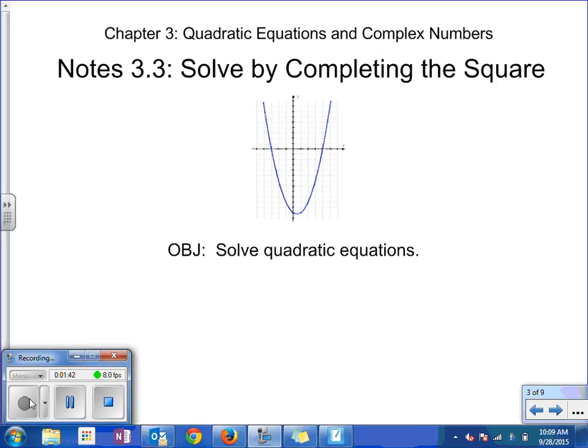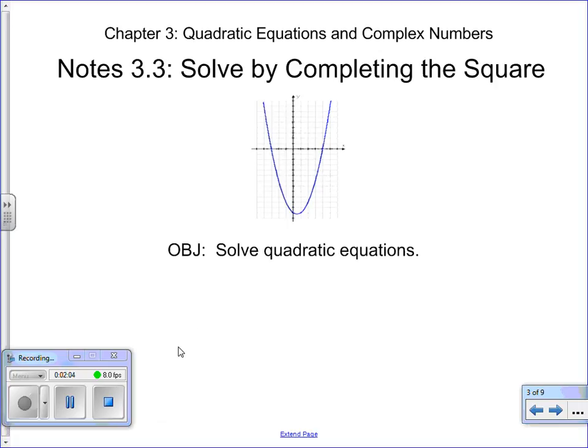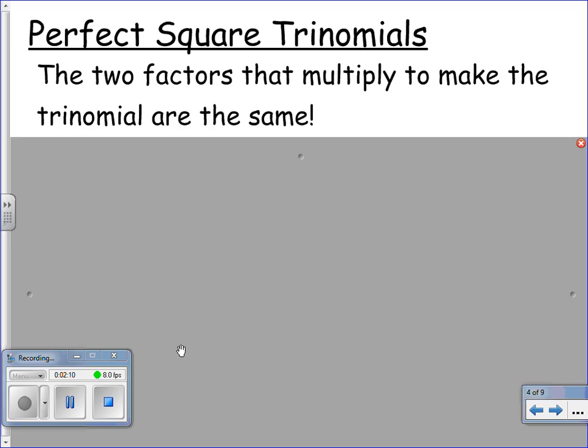But it's important that we cover completing the square because that's where the quadratic formula comes from. The quadratic formula, which some of you already know, is completing the square in one formula. We'll cover it and use it, but factoring and the quadratic formula will become our go-to methods.